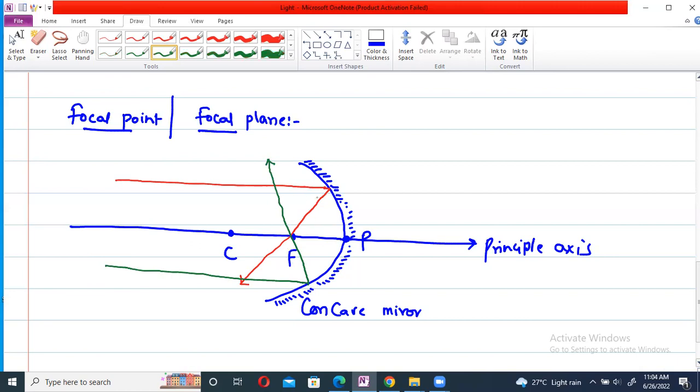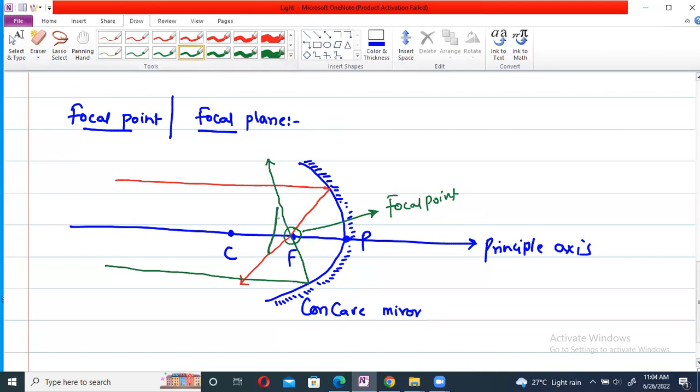When both these rays of light are incident on the concave mirror and the reflected light passes through the common point on the principal axis, this common point F is called the focal point.